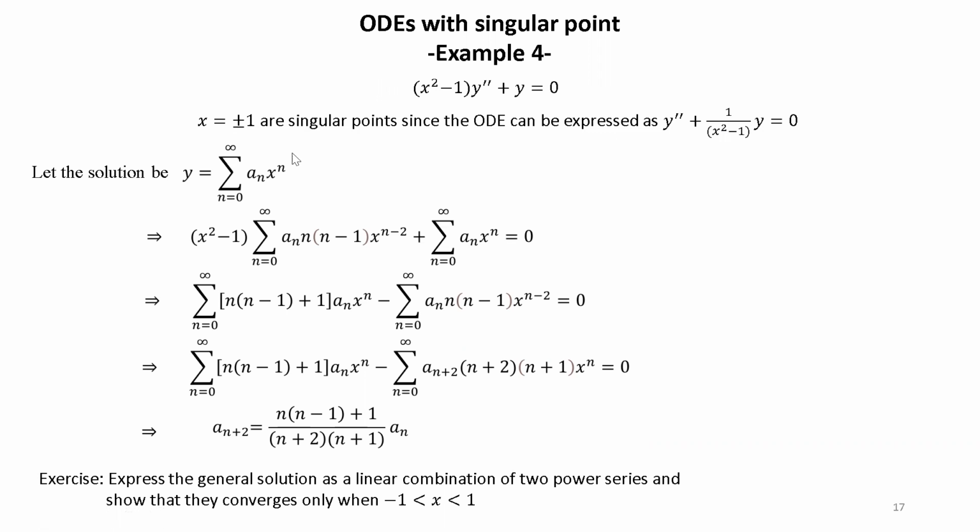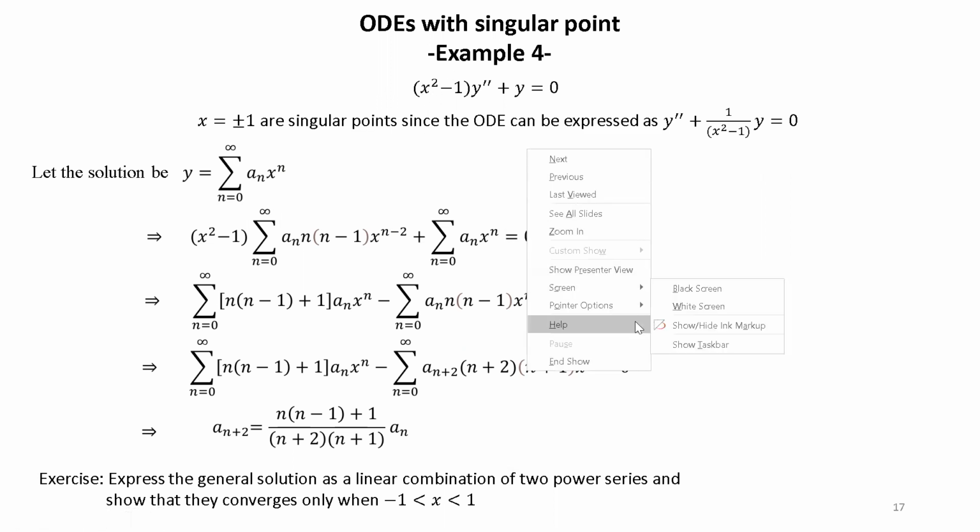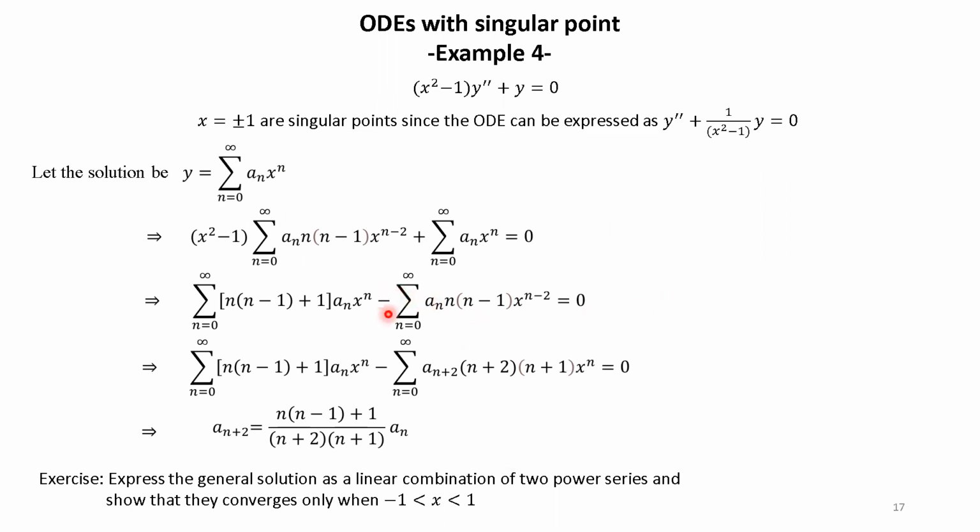So this time, if I again try to use the series solution, okay, this time it kind of works again. Right? So you go ahead and take the derivatives and then put everything back. No other new tricks really, and you'll find that you have an okay recurrence relation that you can use, right? So this an plus 2 is related to this an by this factor here. Okay.